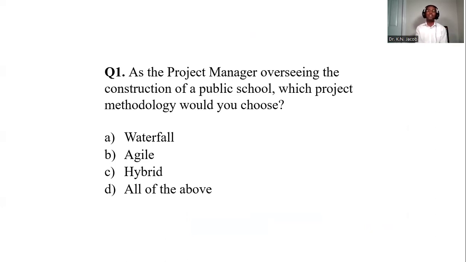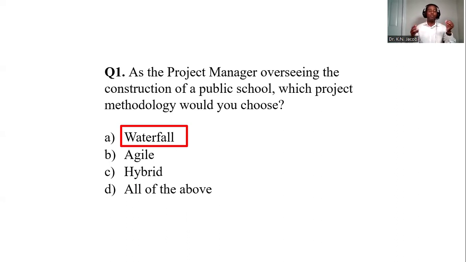I give you some 10 seconds. All right, which one would you choose? The correct answer is waterfall. You're building a public school. First of all, building a school should be waterfall. But if it's a public school, you have a bigger reason to go waterfall because it can raise a lot of politics.